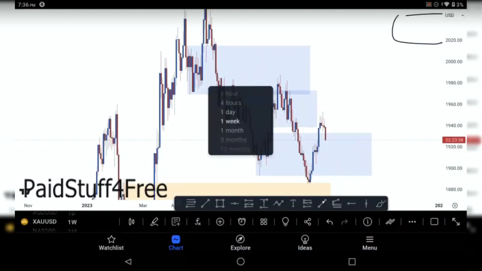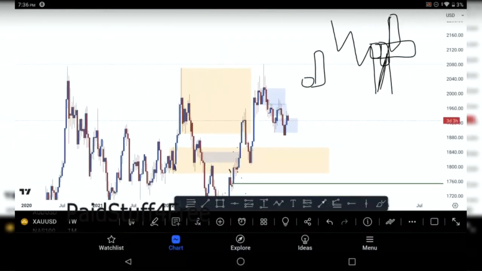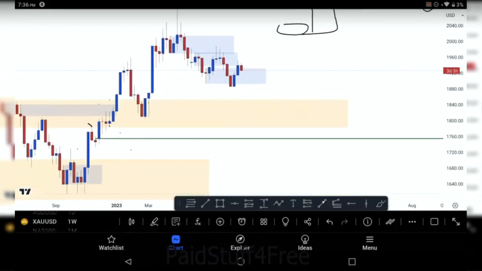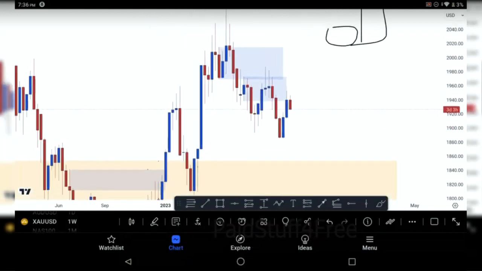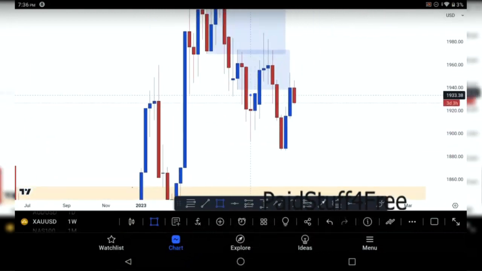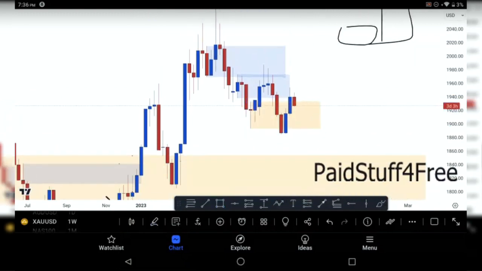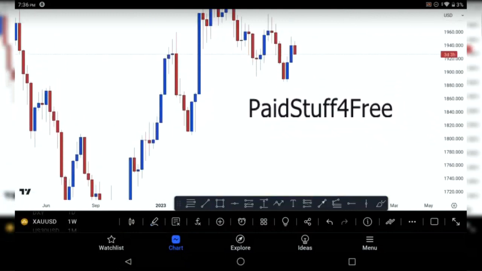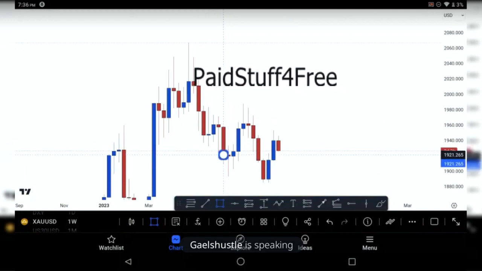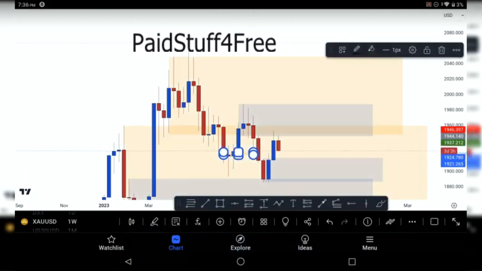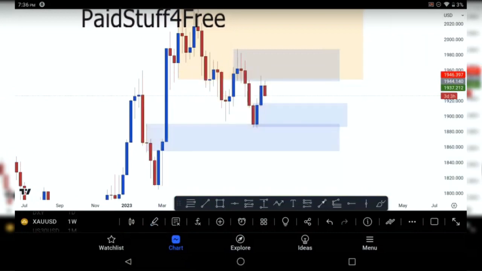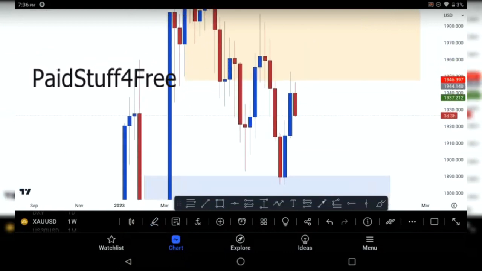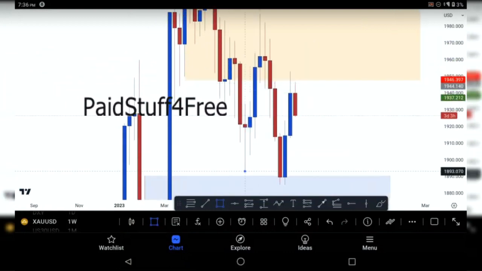But anyways, this is a weekly zone. Check this out. We wanted to sell price back to this zone, the weekly engulfing sell zone.